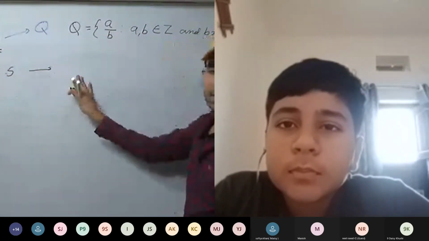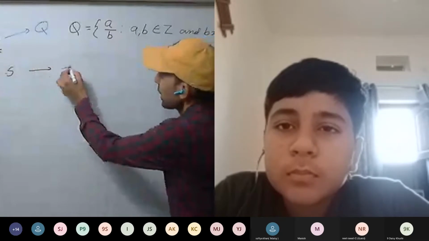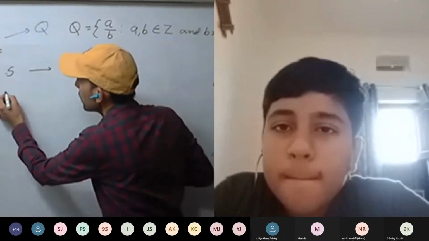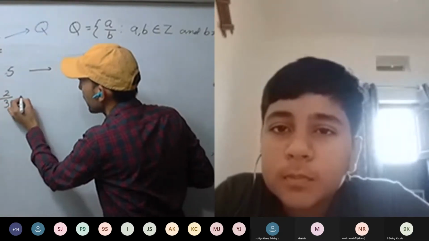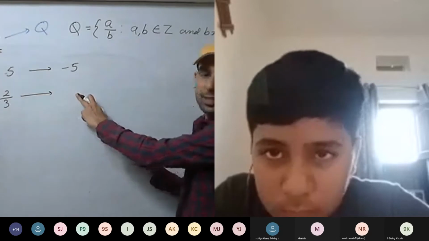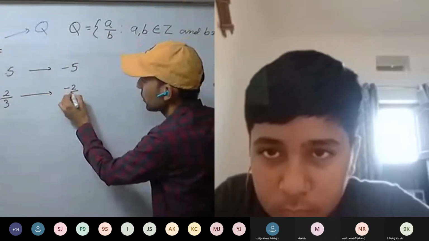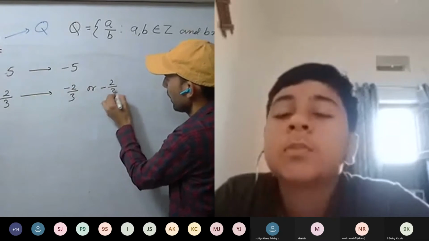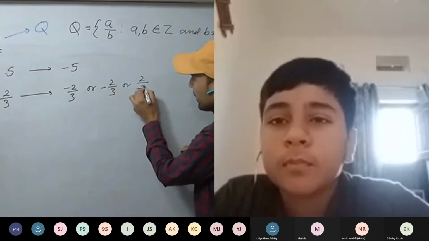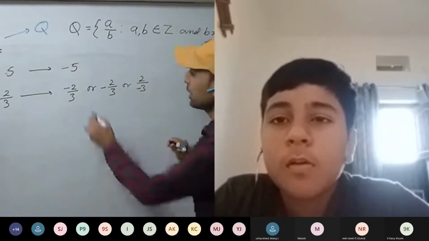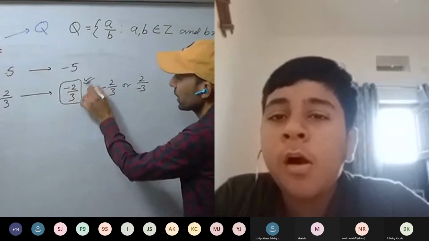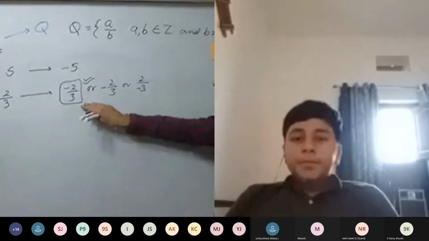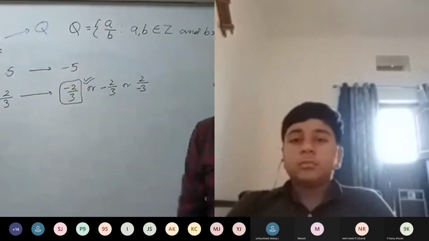What will be the corresponding negative rational number? -5. Or 2 by 3. What will be the corresponding negative rational number? -2 by 3. In any form you can write, but mainly we use this form. This we consider as the standard form. The negative sign we always keep with the numerator.